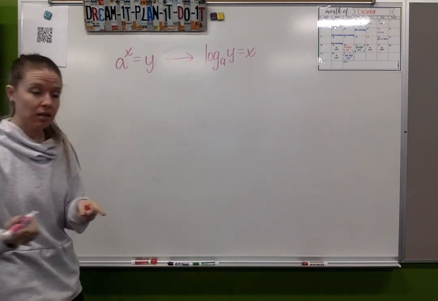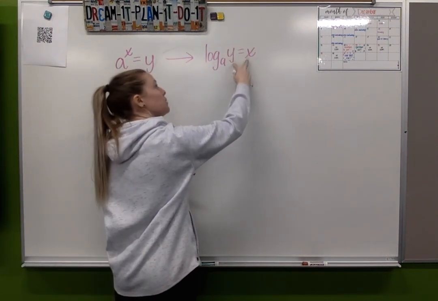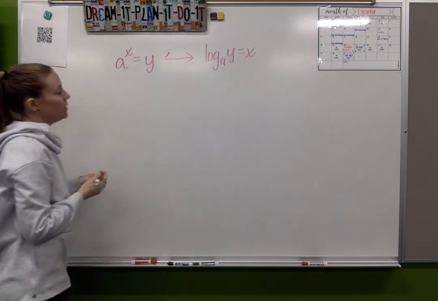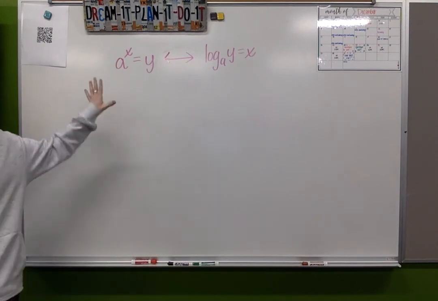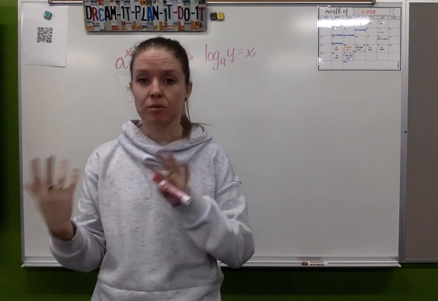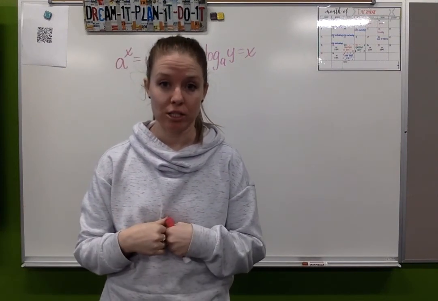Or vice versa. If we have log base a of y equals x, this becomes a to the x equals y. So, I'm going to keep that on the board, and we're going to work through some examples, different examples from different ideas of how we're going to solve our log equations.